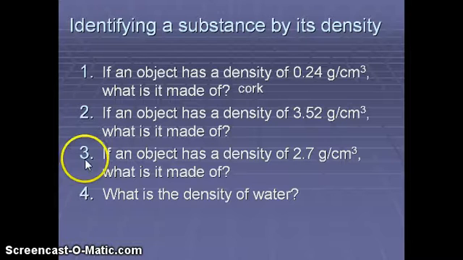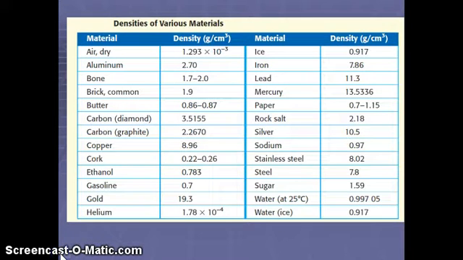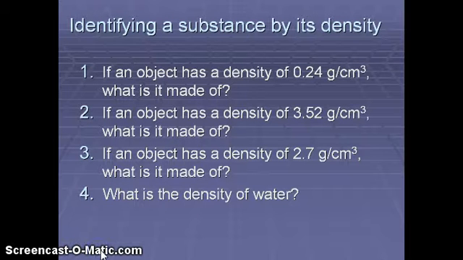Let's do number two. If an object has a density of 3.52 grams per centimeter cubed, what is it made of? So, which one is it here? Did you spot it? Alright, hold that answer in your mind and let's check your answer.